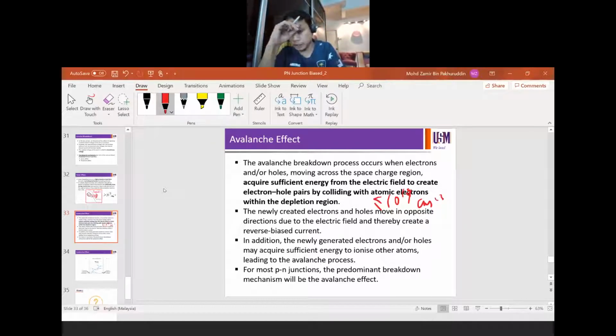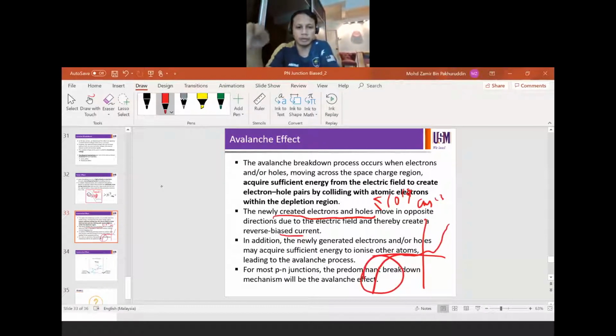You have this effect in the reverse bias direction due to the sufficient energy acquired by the free carriers in the depletion region that can knock the valence electrons from the silicon atoms in the depletion region, causing a cascading effect. So the newly created electrons and holes move in opposite directions due to the electric field, creating reverse bias current, just like what you saw on the curves now. So this is the region.